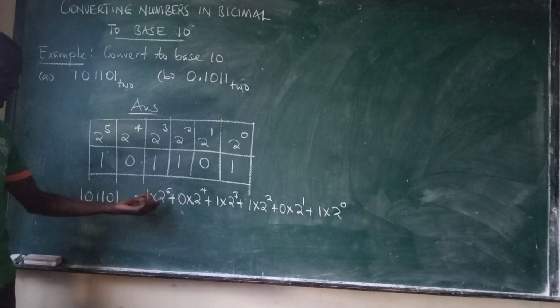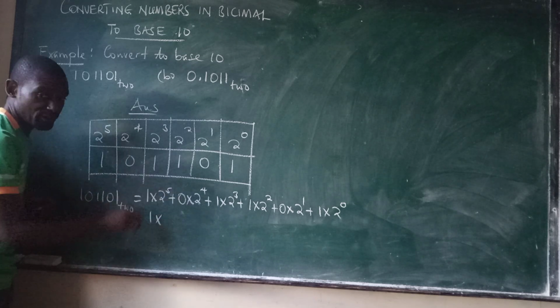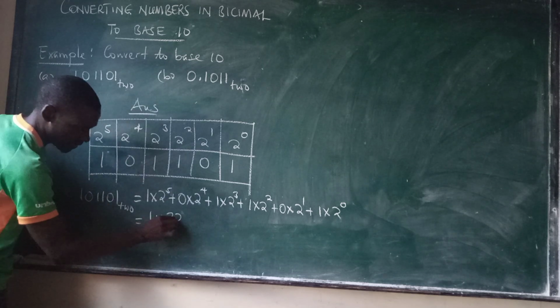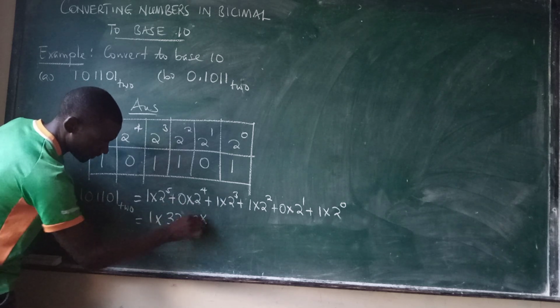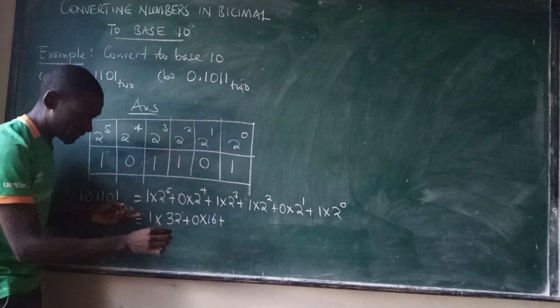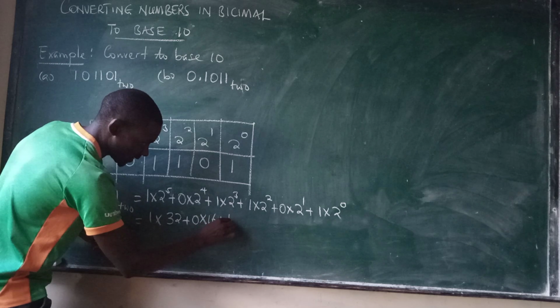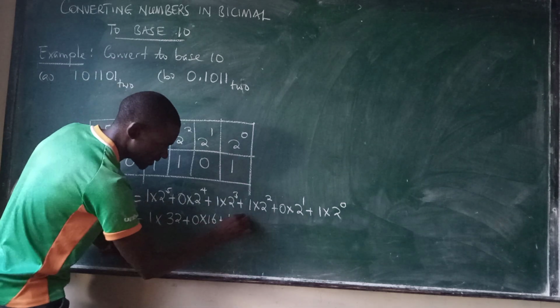Then we just evaluate these figures. 1 times 2 power 5 is 32, plus 0 times 2 power 4, that is 0. These are the place values in base 2. 1 times 2 power 3, that is 8.